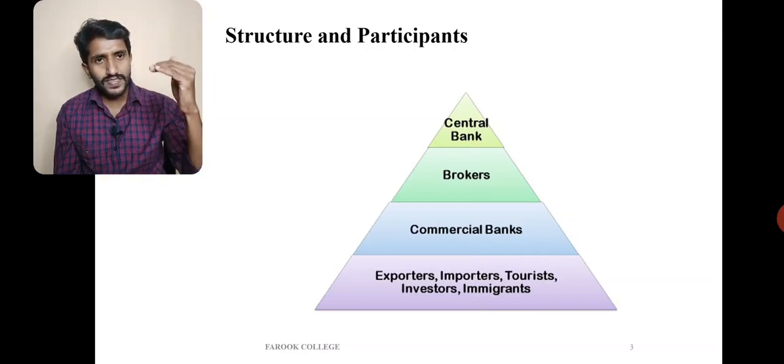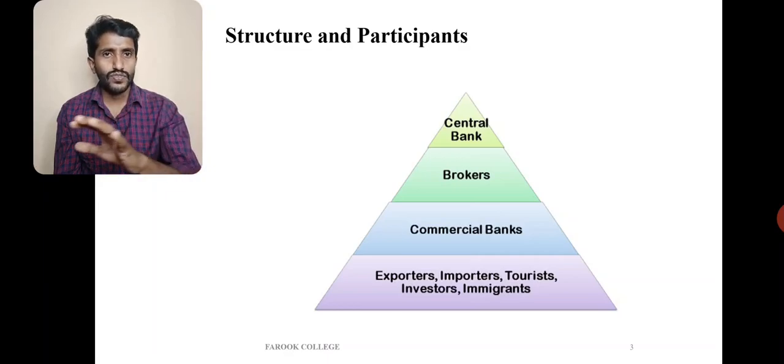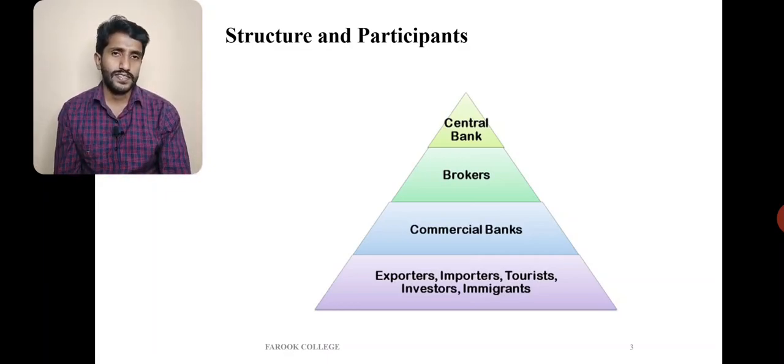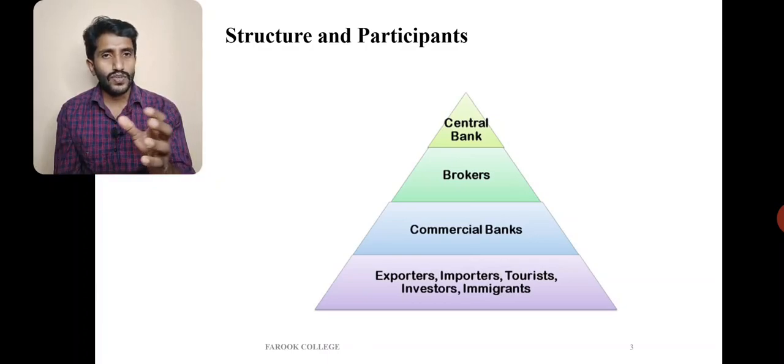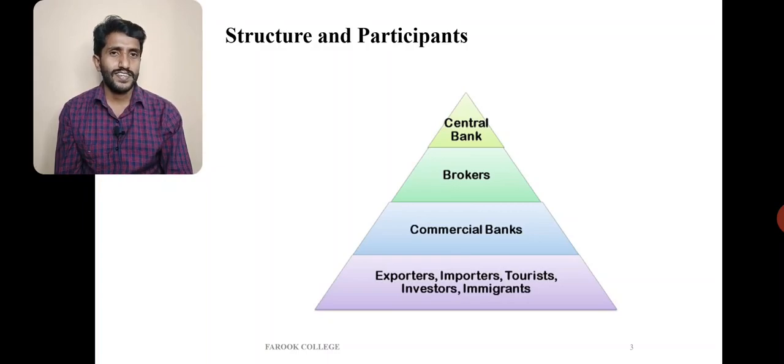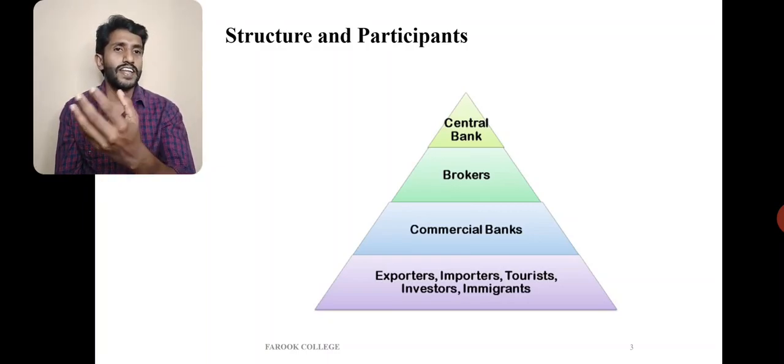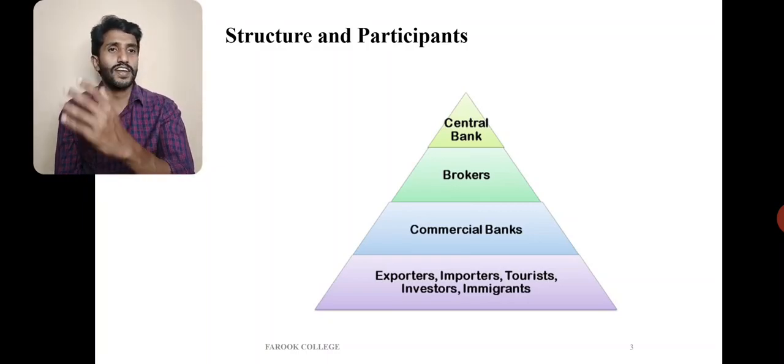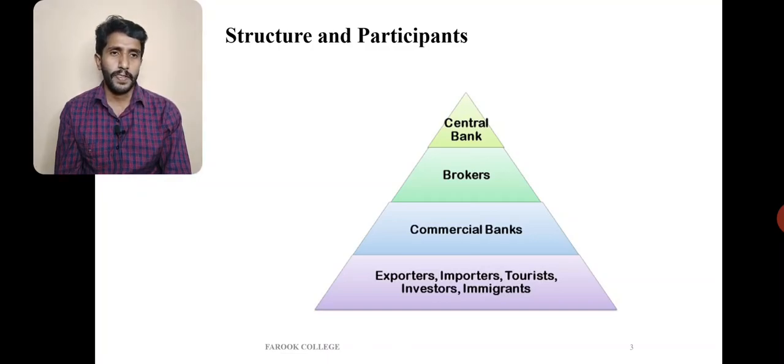Then under this central bank there are so many brokers. Okay, so the brokers also will deal with the commercial banks. The commercial banks will have connections with the brokers, and the brokers will have connections with the central bank.